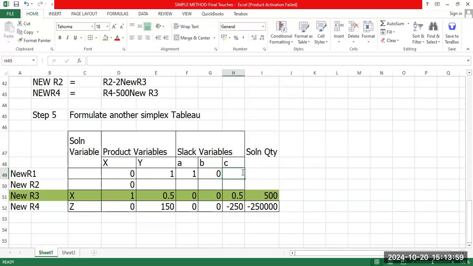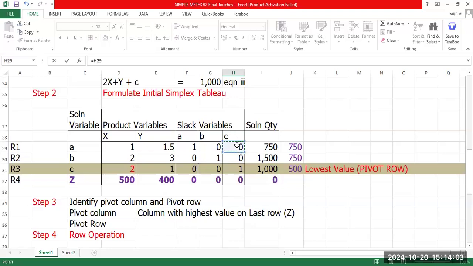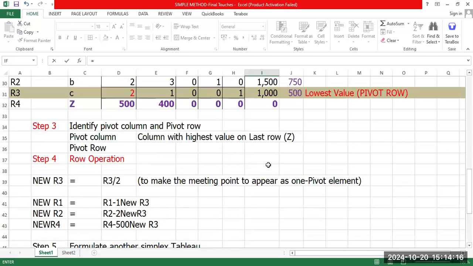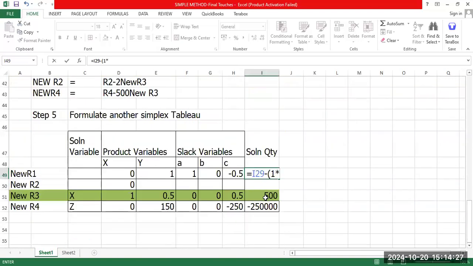Okay, here, equal sign, what do I have? 0 minus, open bracket, 1 times, what is the value of new row 3? 0.5. Okay, here, what do I have? The last row 1, the previous row 1, it is 750 minus, open bracket, 1 times what is the value of new row 3? 500.